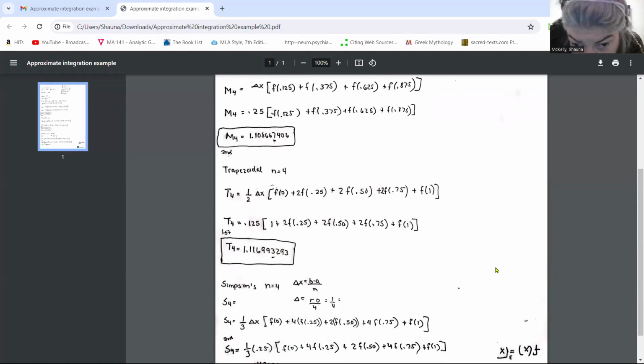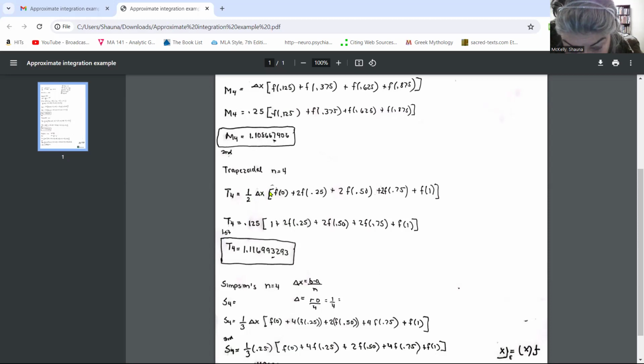Now, with the trapezoidal rule, you have delta x, and your delta x is the same as the one we had before, 0.25, but you have a 1/2 out here. It's delta x over 2. And it has to do with the formula for a trapezoid. So this is delta x over 2.